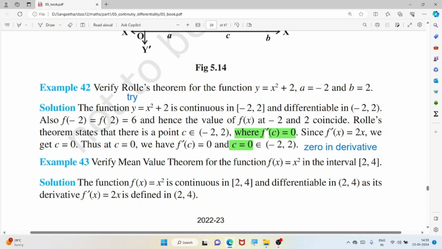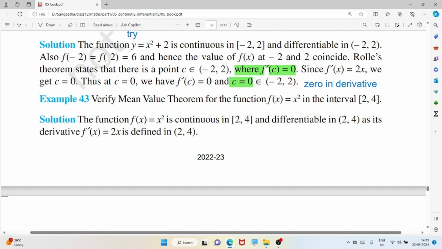There exists a point c in this interval at which the derivative at that point is 0, the derivative, not the function. This is the derivative of this function, and we have to put that point. So here c is 0.